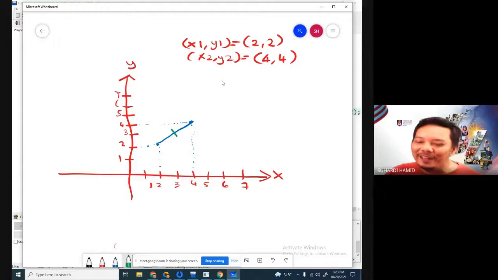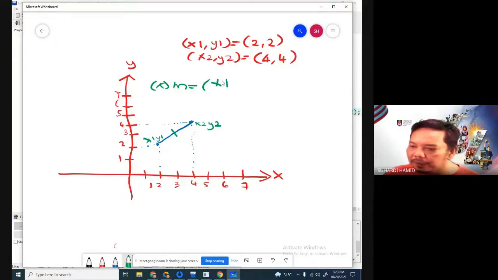So we have x1, y1, x2, y2. In order to get the midpoint for x, that's x1 plus x2 divided by 2.